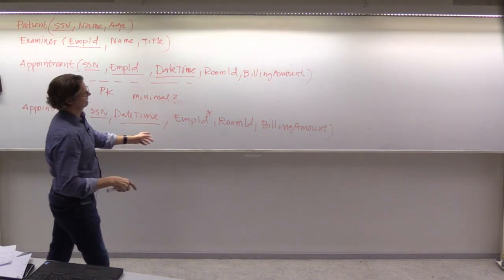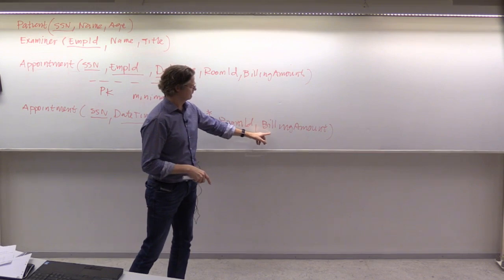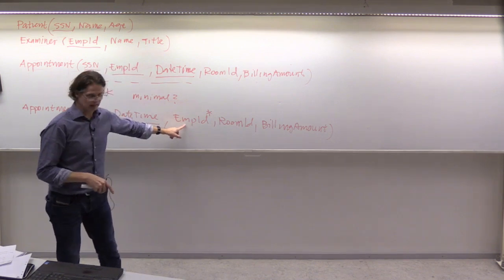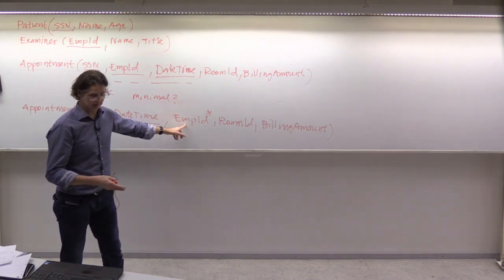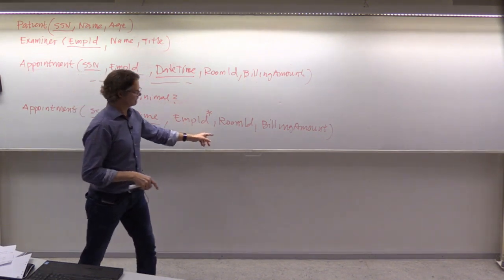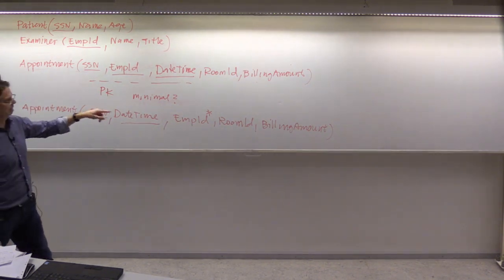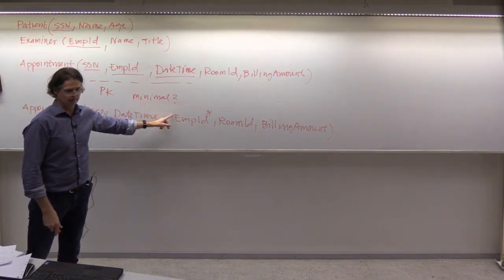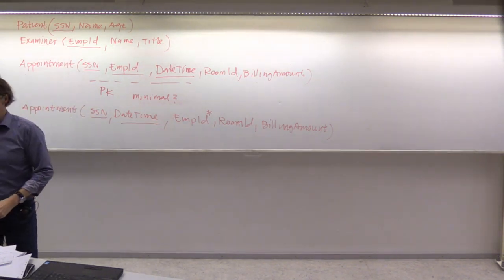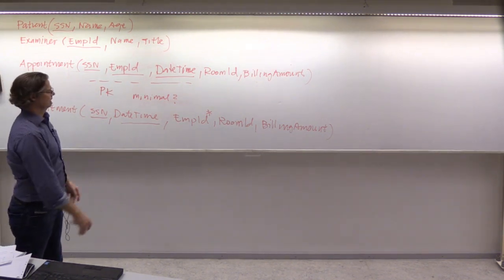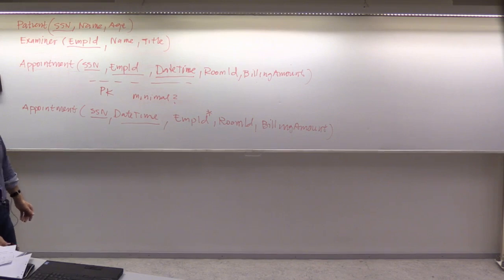Because if you would find a functional dependency between, let's say, billing amount and the room ID or the employee ID, then you would have to create a new table, which means that that examiner is always having the same price for an examination, which might be good or not. But being slightly out of context, I'm saying that we are following the normal forms as we should here, right?